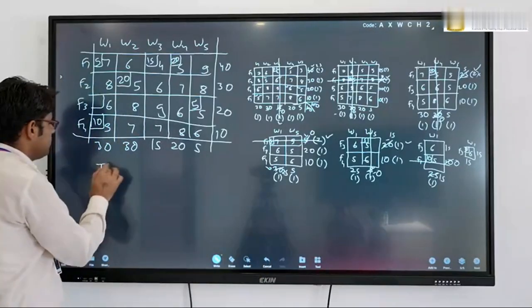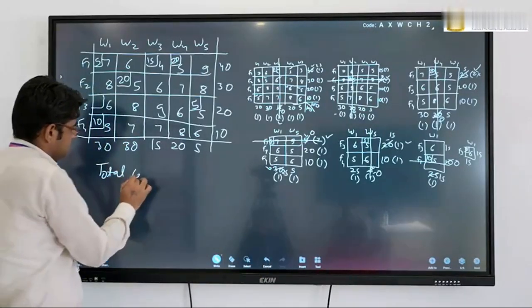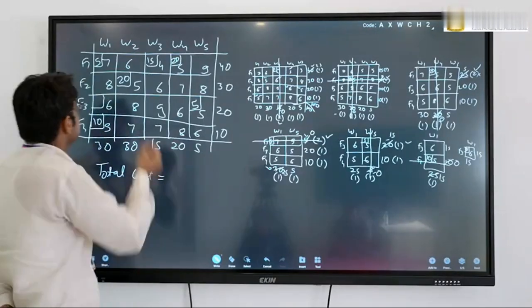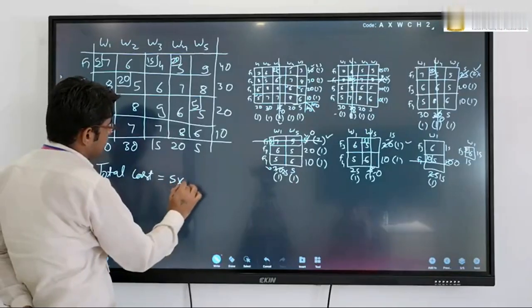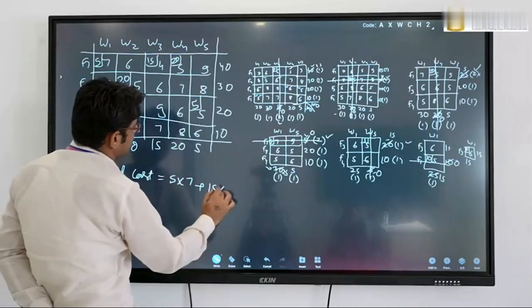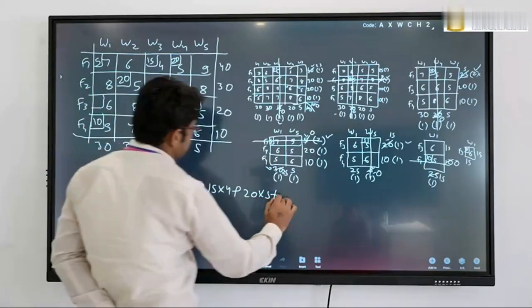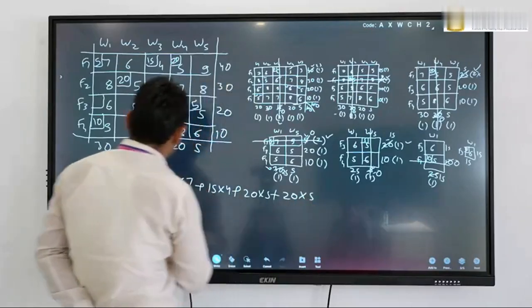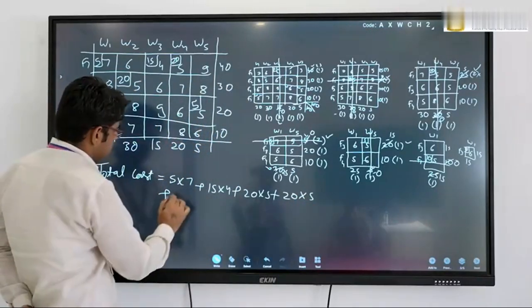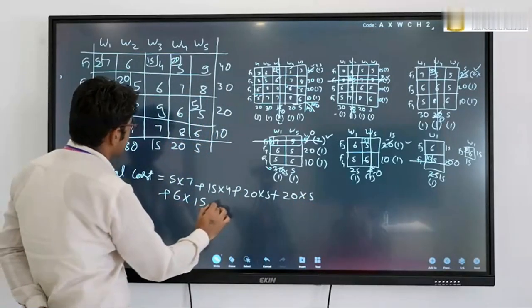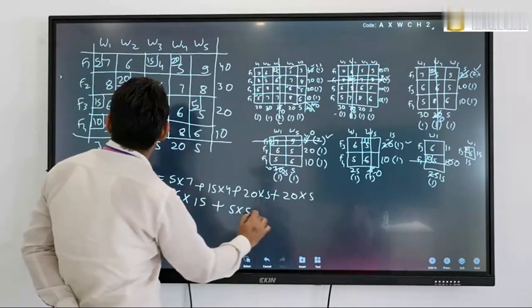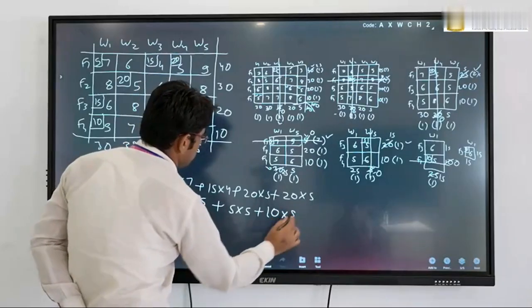Now we find the total cost. So total cost is 5 into 7 plus 15 into 4 plus 20 into 5 plus 20 into 5 plus 6 into 15 plus 5 into 5 plus 10 into 5.